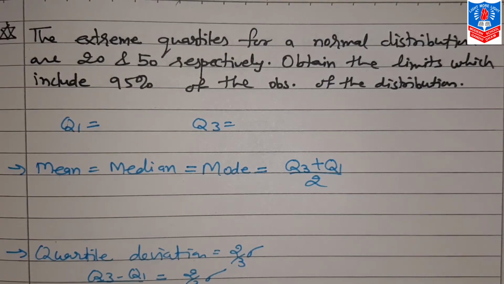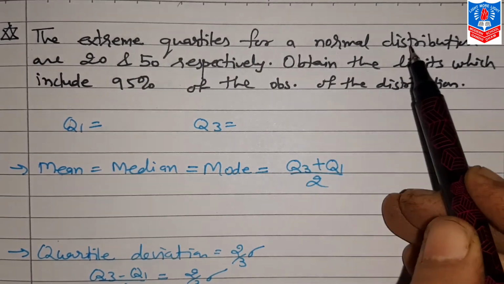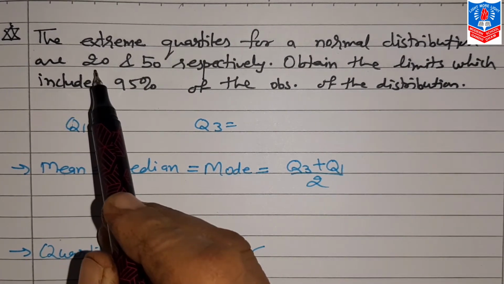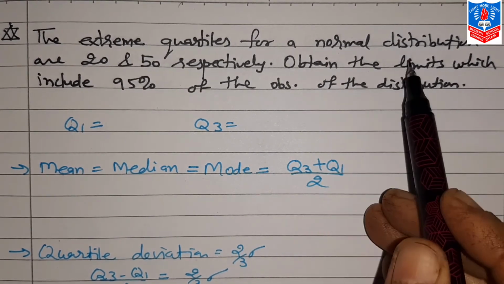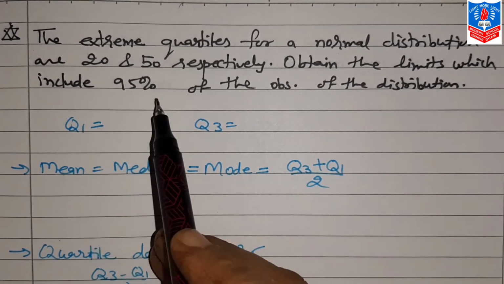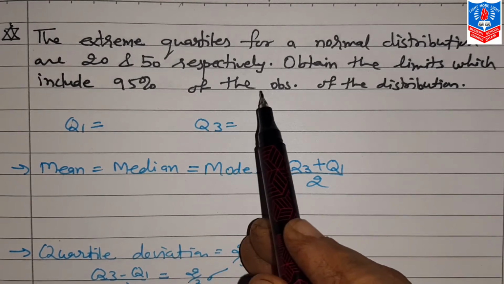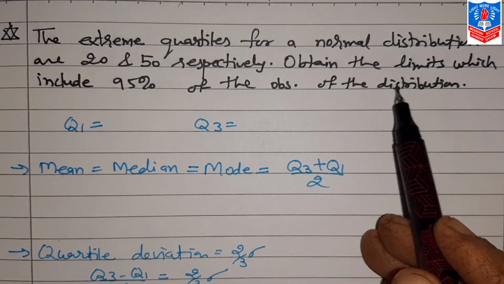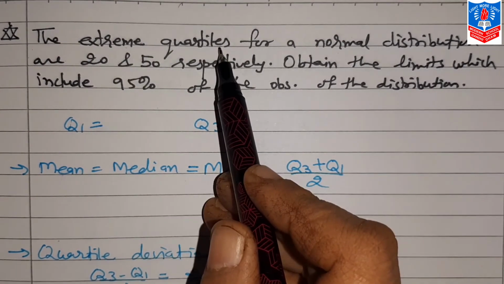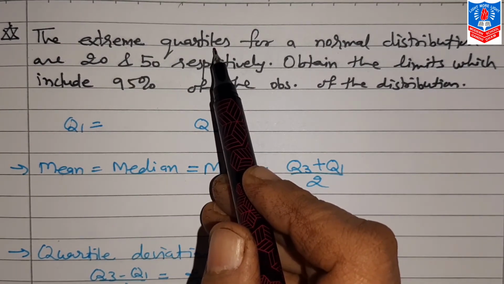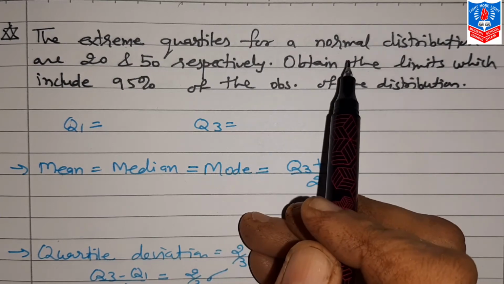Next question. The extreme quartiles for a normal distribution are 20 and 50 respectively. Obtain the limits which include 95% of the observations of the distribution. Now here, extreme quartiles: there are three quartiles, Q1, Q2 and Q3.